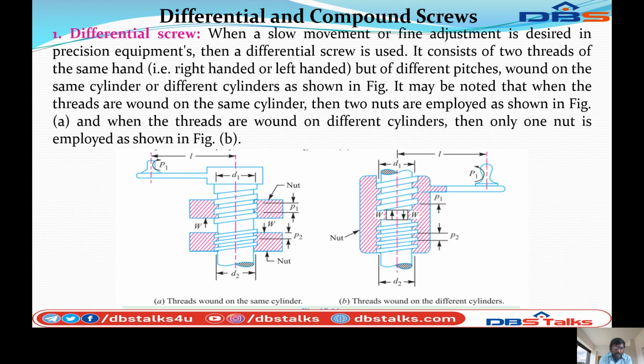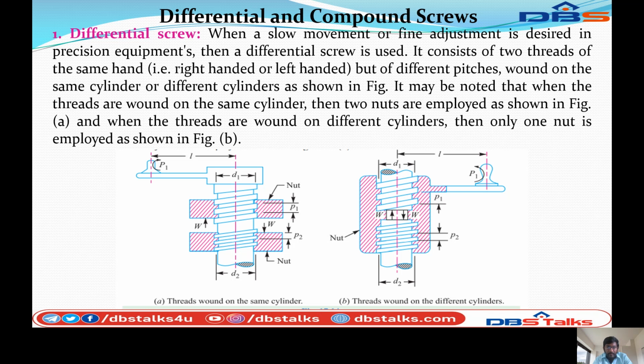D2 is the outer diameter of the bolt. By the hatching you can see the nuts. So on one single bolt we can apply two different nuts with different pitches. So this is figure A.